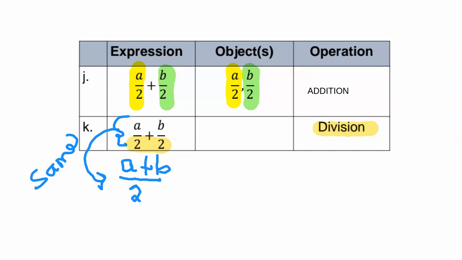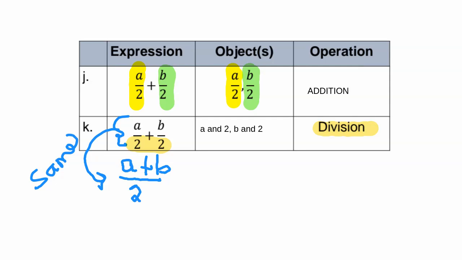Now, this can be written a couple of ways. You can take each fraction and say, okay, in this case, we can do them separately, which is A and 2, comma, B and 2.